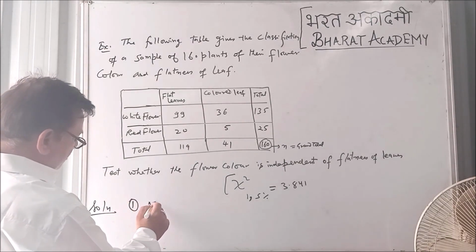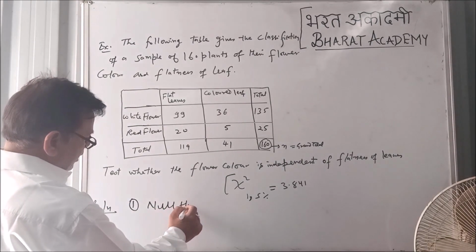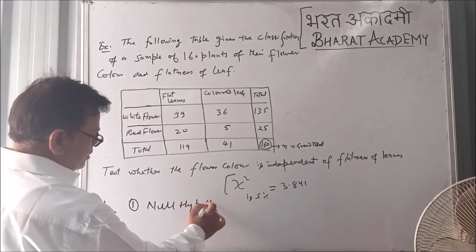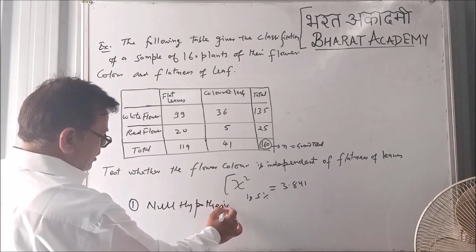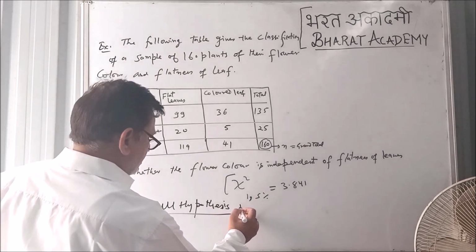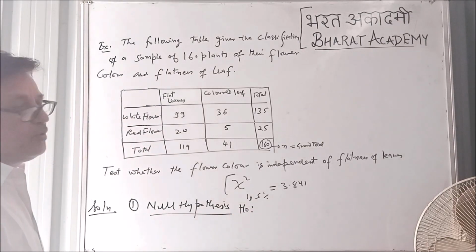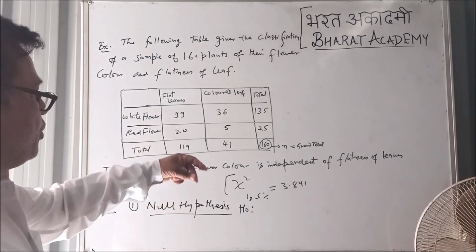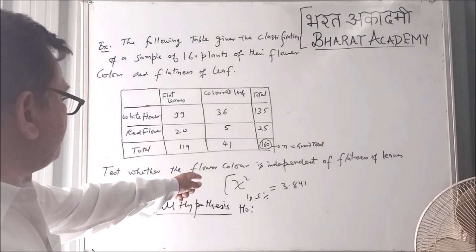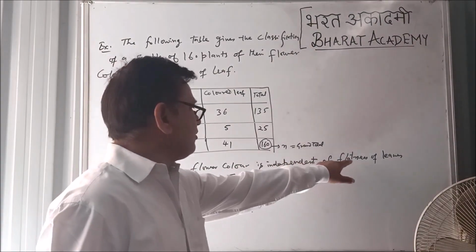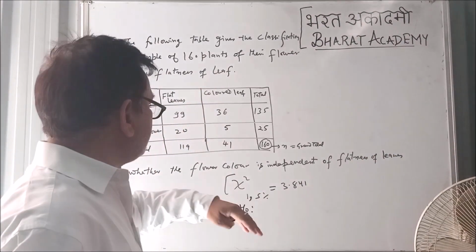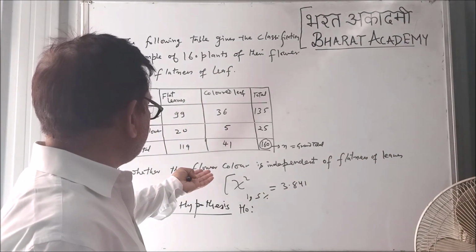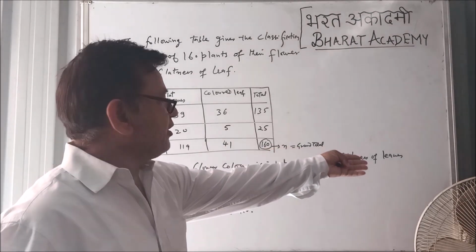First one is the null hypothesis, H naught. The null hypothesis in this case will be that there is no association between flower color and flatness of leaf. That is, there is no dependency of flower color on flatness of leaf.